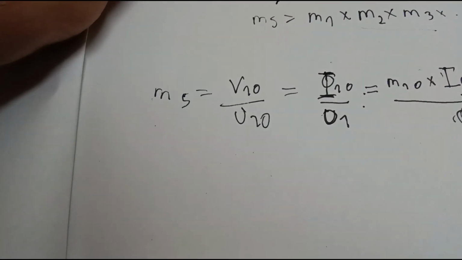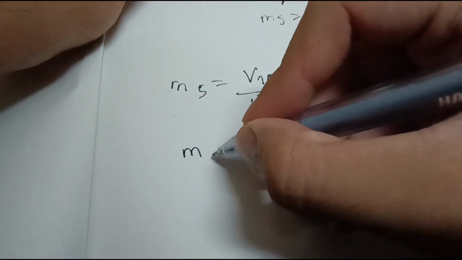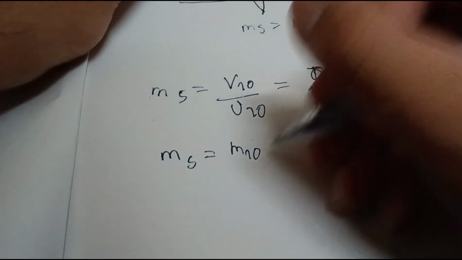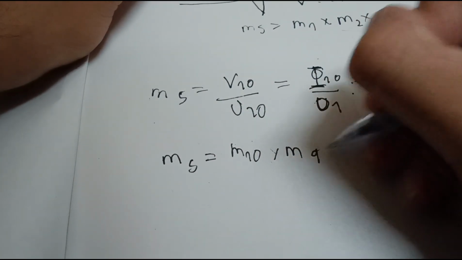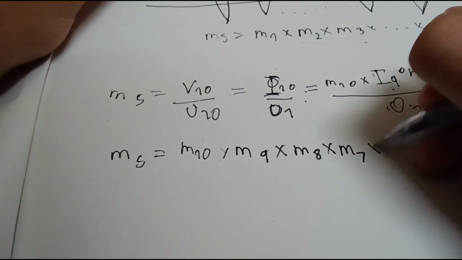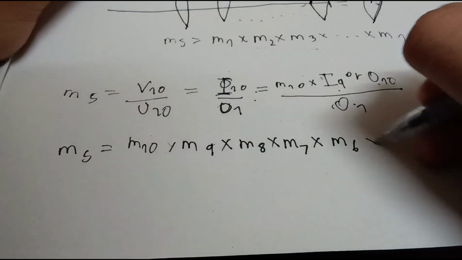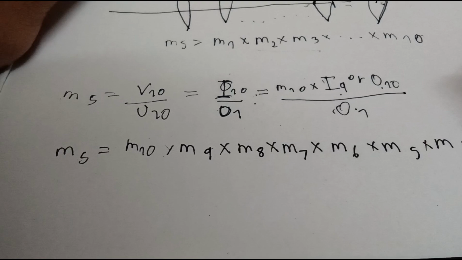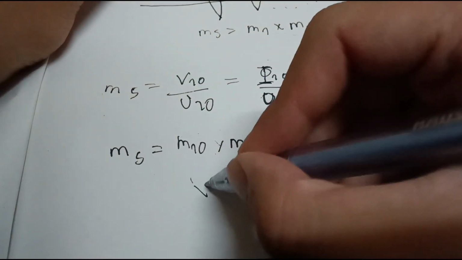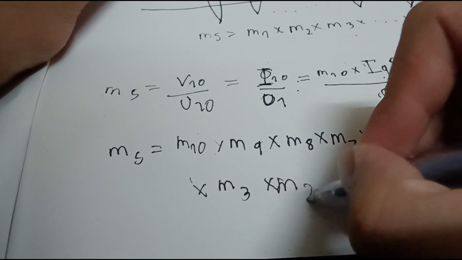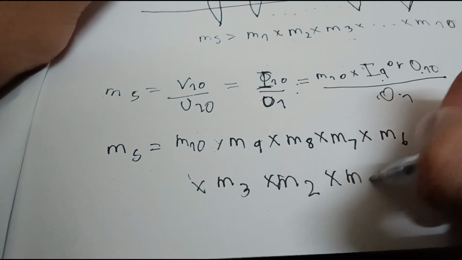So from here we can say Ms should be equal to M10 into M9 into M8 into M7 into M6 into M5 into M4 into M3 into M2 and finally into M1.